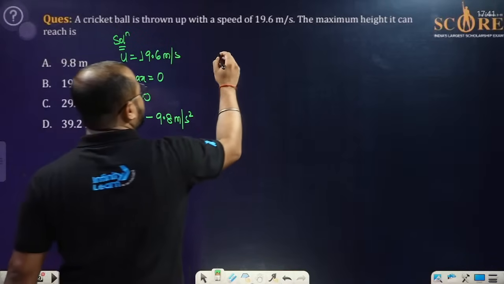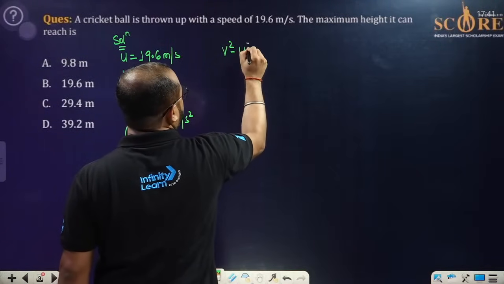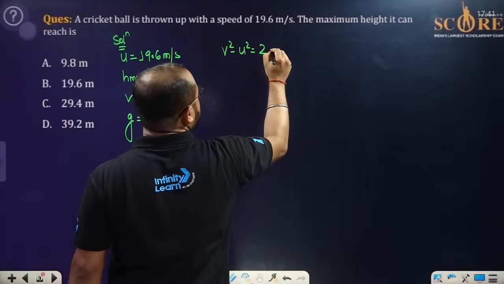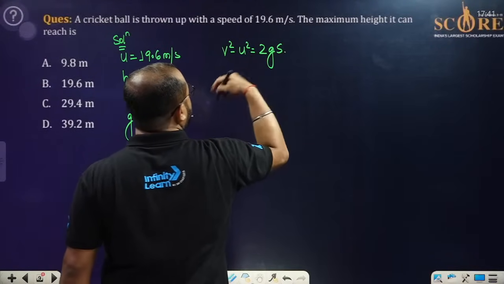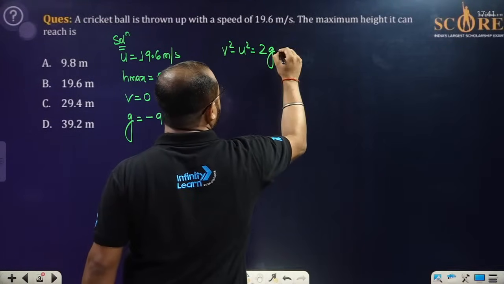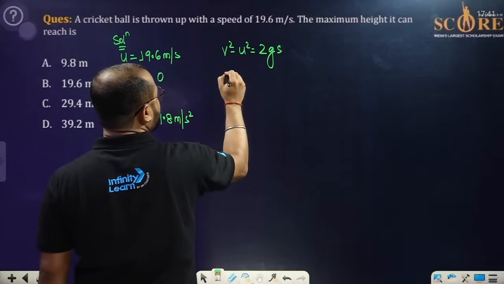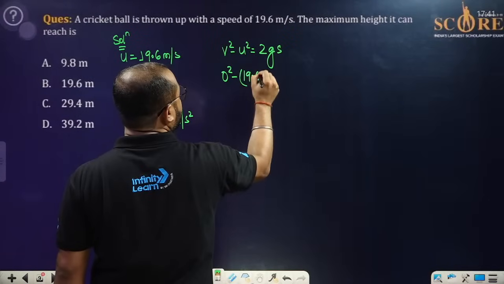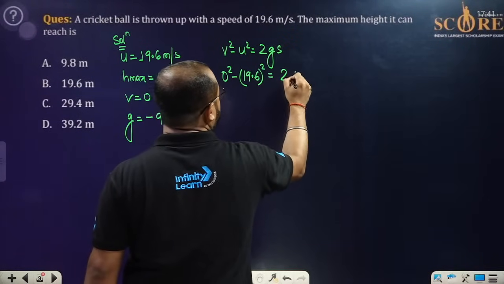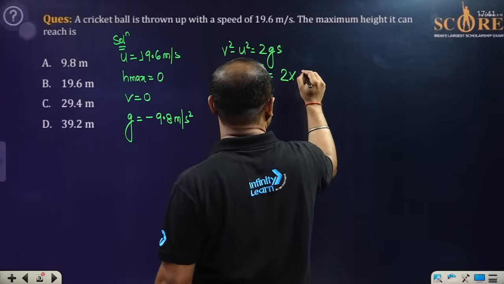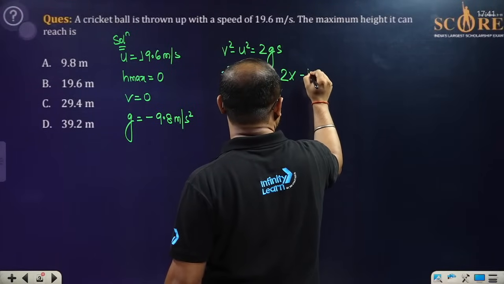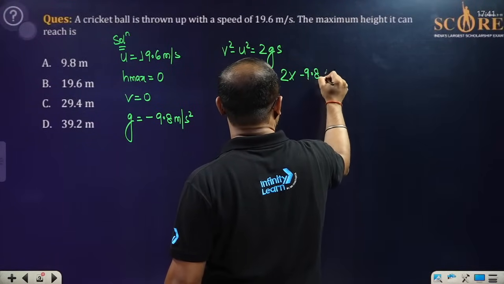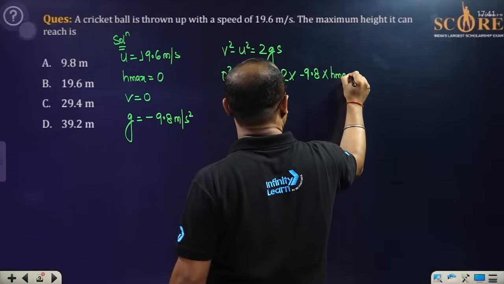Again, in the third equation of motion, v square minus u square equals 2gs, in the place of s, h max. So v square is 0, u value is 19.6 whole square equals 2 multiplied by the value of g, that is negative 9.8, multiplied by h max that we have to find.